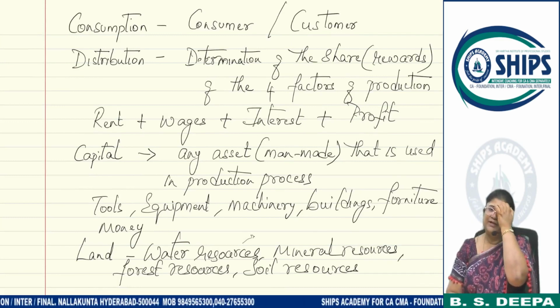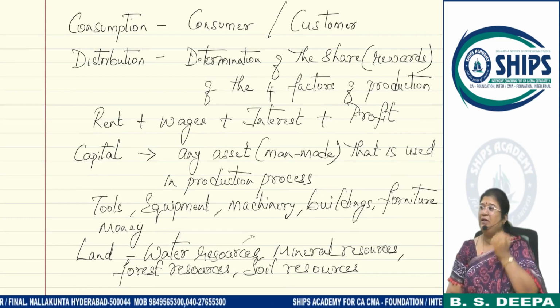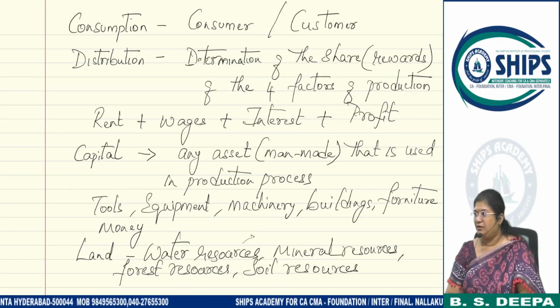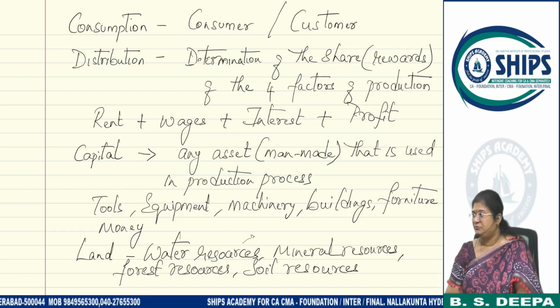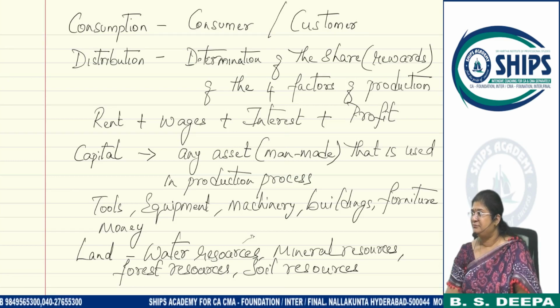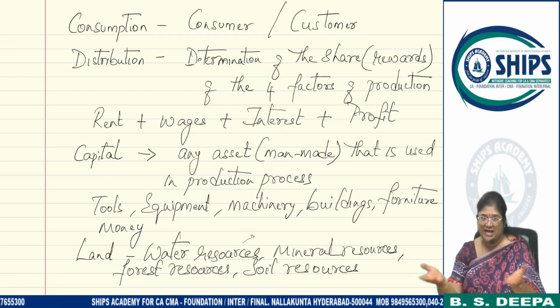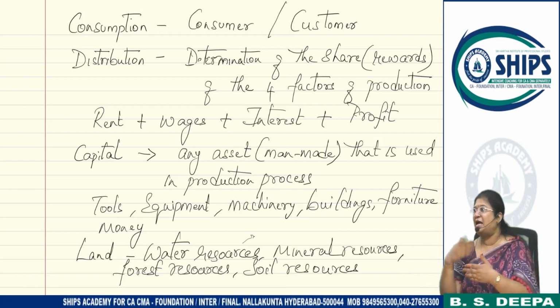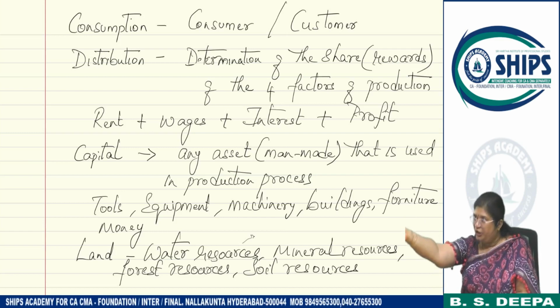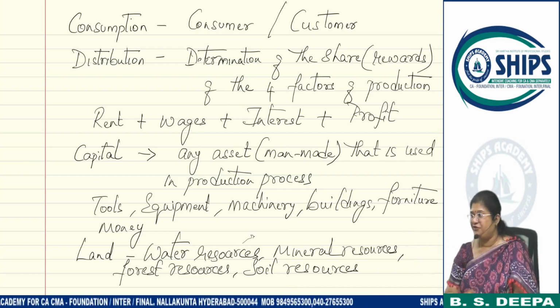So, for example, if you are talking about people fishing, for them, what is land? Water. Just like a factory needs a place to set up the building and start producing, fishermen need to go into the water to catch fish.